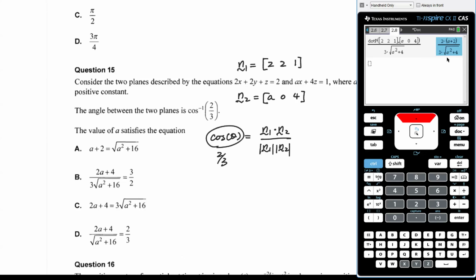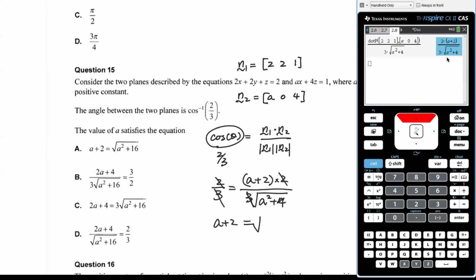Once it's equated to 2 over 3, we can actually get 2 over 3 equals to a plus 2 times 2 divided by 3 square root a squared plus 4. So if you cancel the 3, cancel the 2, you get a plus 2 equals to square root.